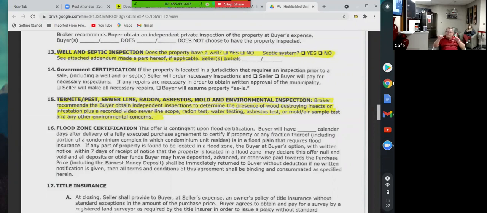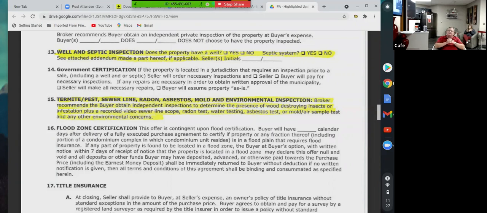They can go in with the camera and they usually leave you with a flash drive of the video in case somebody has an issue. They can tell you how far out the damage is, and it's better to have that done before closing than after closing.